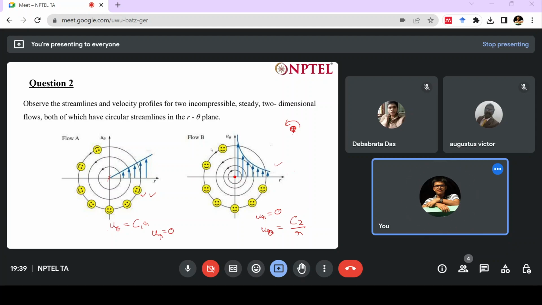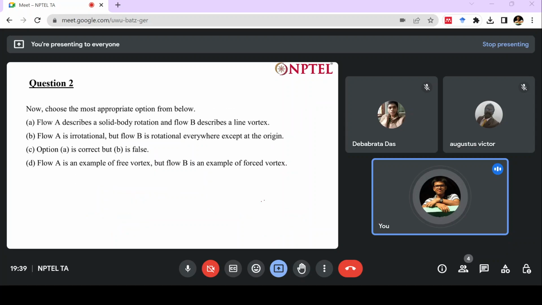Okay, you will actually see this in models for hurricanes, cyclones, or tornadoes. There is an eye of such storms, right? Inside the eye of that storm, you will have this linear variation of velocity.